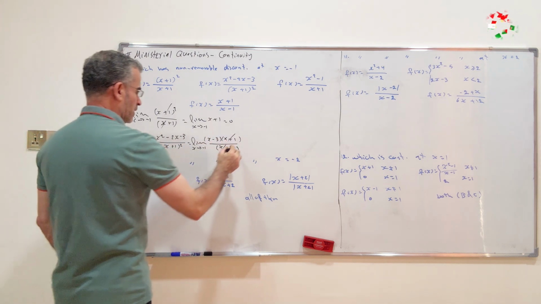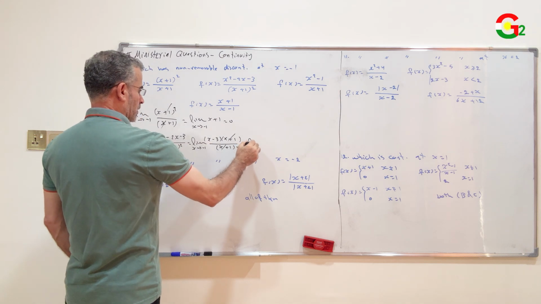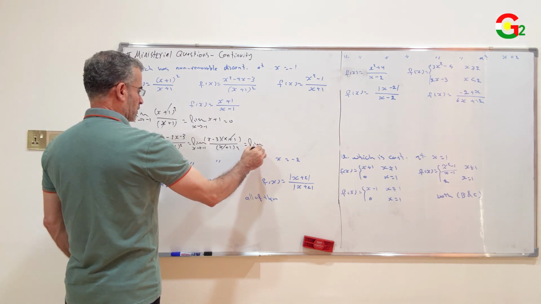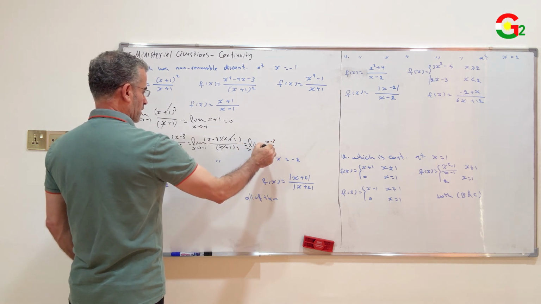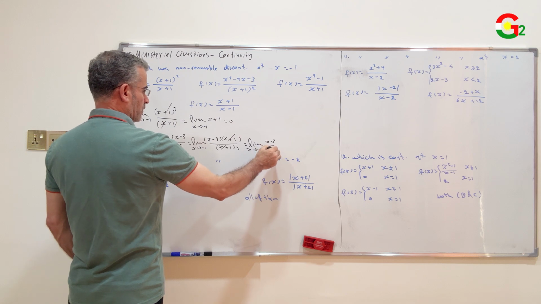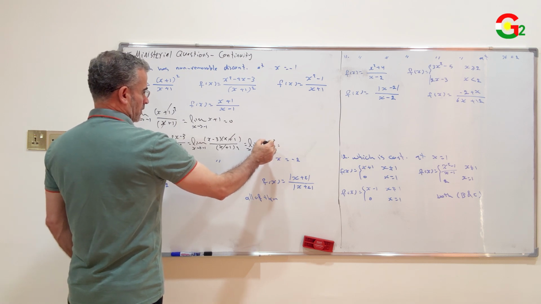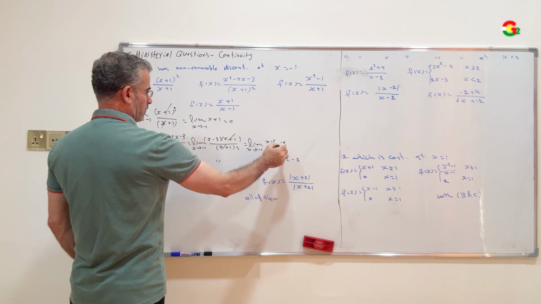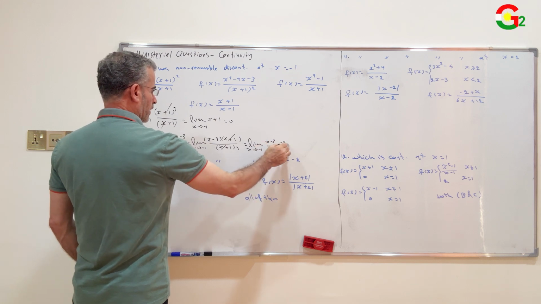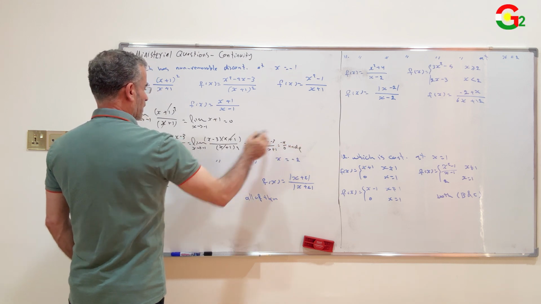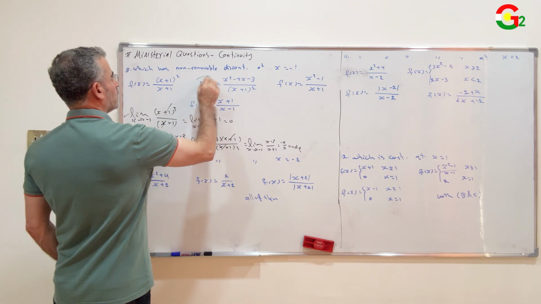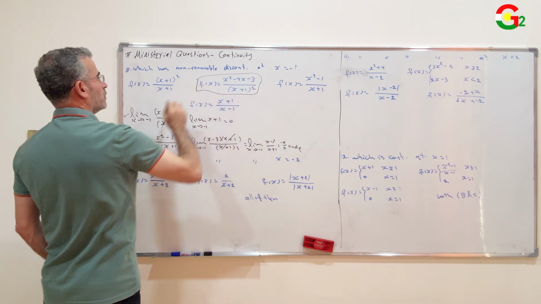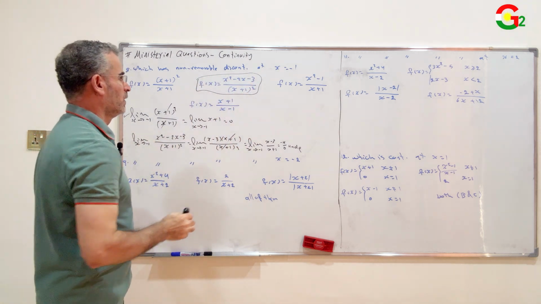Reduce x plus 1 with x plus 1. The limit will be x minus 3 over x plus 1 as x approaches negative 1. Negative 1 minus 3 is negative 4 over negative 1 plus 1, 0, undefined. Then this function has no limit and has non-removable discontinuity when x approaches negative 1.